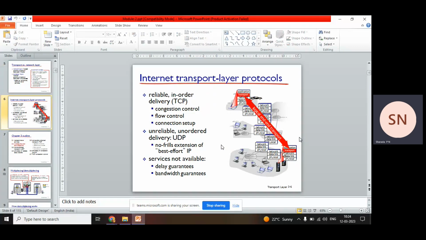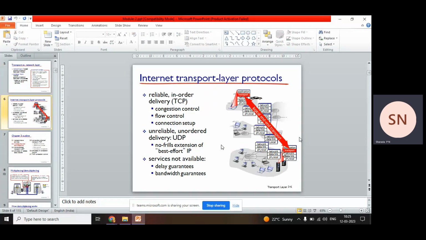It does not guarantee the orderly delivery of segments or the integrity of the data in the segments. The most fundamental responsibility of UDP and TCP is to extend IP's delivery service between two end systems to a delivery service between two processes running on the end systems.